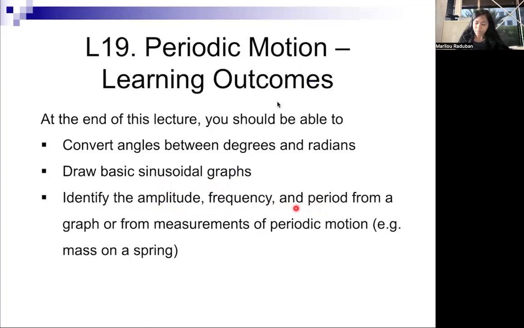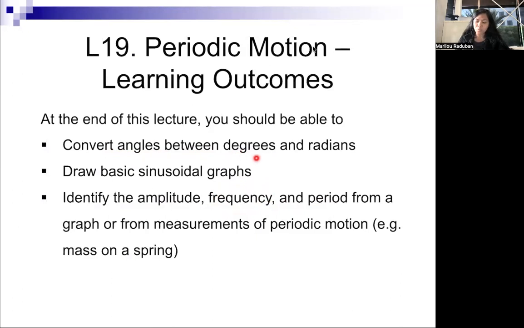And when we're talking about periodic motion, especially about frequency, we can relate that to the motion of an object around a circle. So we will also talk about the angle in reference to the circular motion of the object.